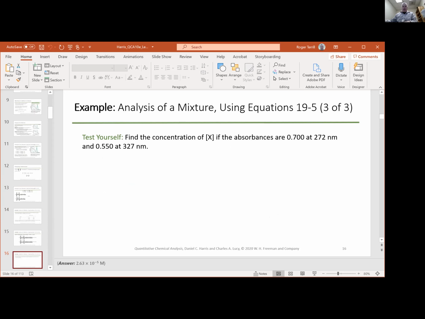Let's try this test-yourself problem, and I'll write down the values here. Absorbance at 272 equals 0.7, and absorbance at 327 is 0.550.